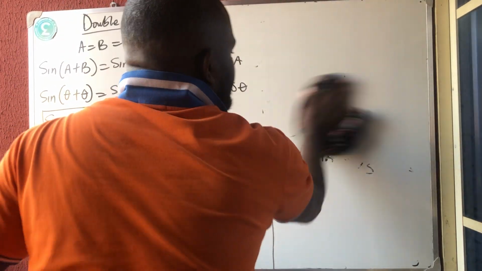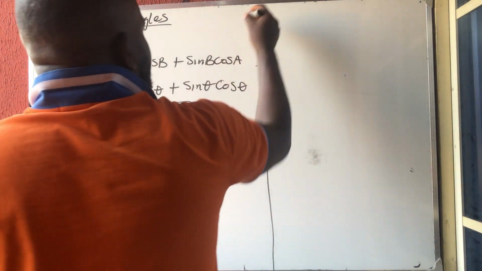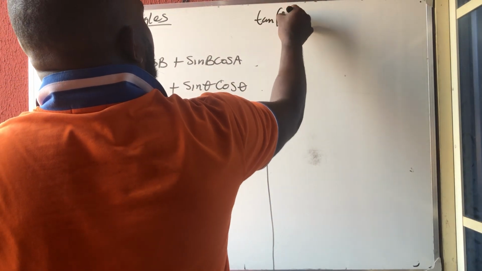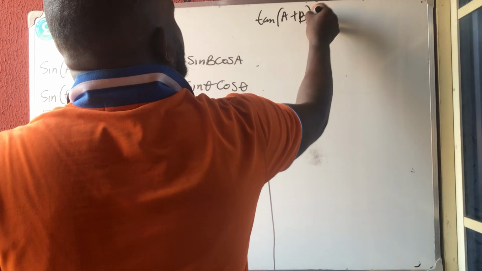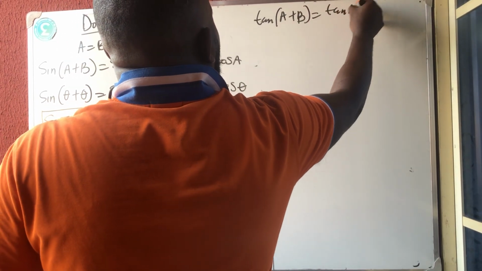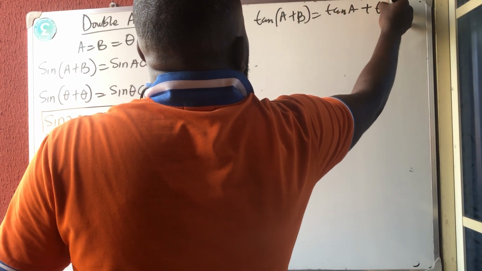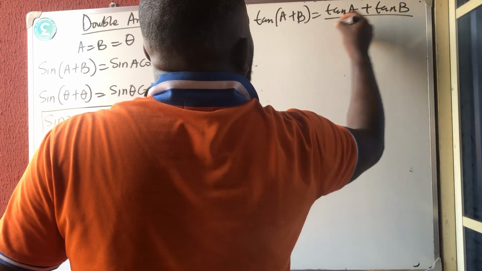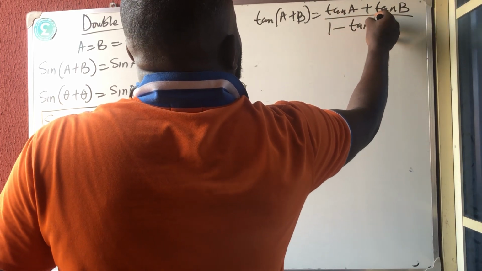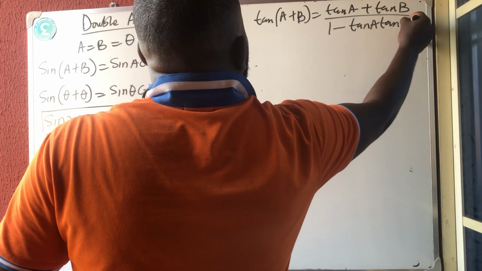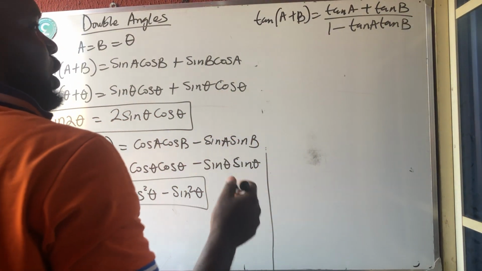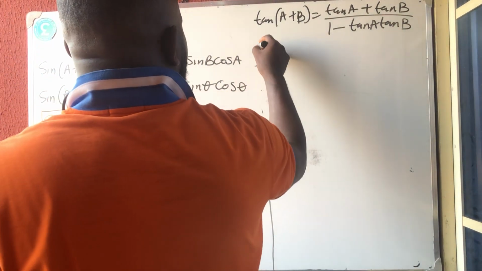So let's do for tangent. For tangent, I have that tan (A plus B) is equal to what? Tan A plus tan B all over 1 minus tan A tan B. So we say that theta is equal to A, which is equal to B. So anywhere we see A and B, we put theta.